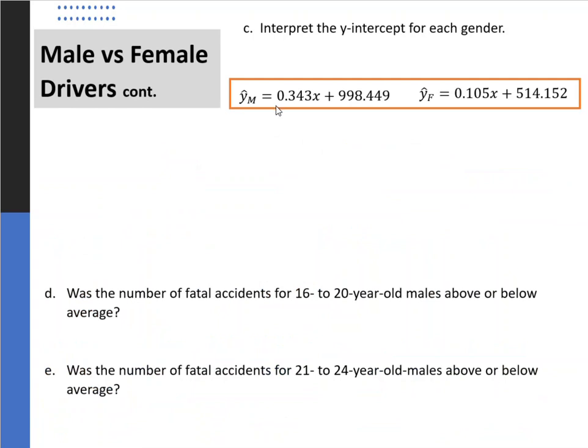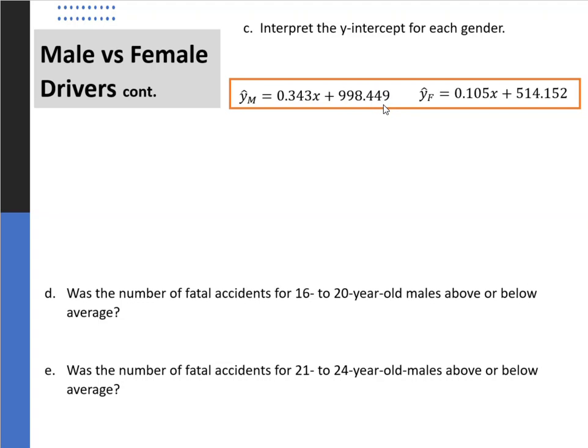What you see on the screen here are the predicted fatal crashes for the males, the equation for that least squares regression line from the previous screen, as well as the predicted fatal crashes for the females. Remember that in order to interpret the y-intercept, the x value, the number of drivers in this case, would have to be 0 in order for me to get, on the male side, 998 fatal crashes.